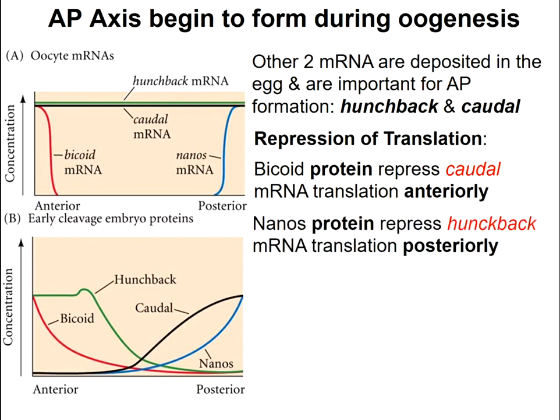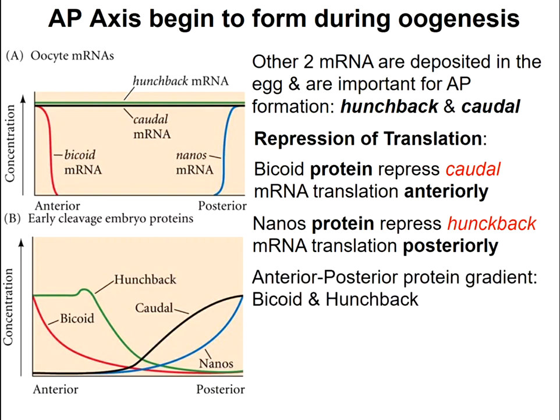Conversely, nanos protein represses hunchback mRNA translation. So hunchback can only be translated anteriorly, and so we find the protein anteriorly, but not posteriorly, where we have a lot of nanos protein.